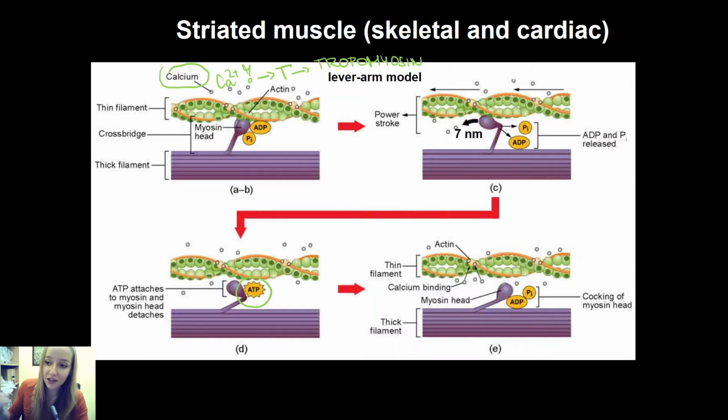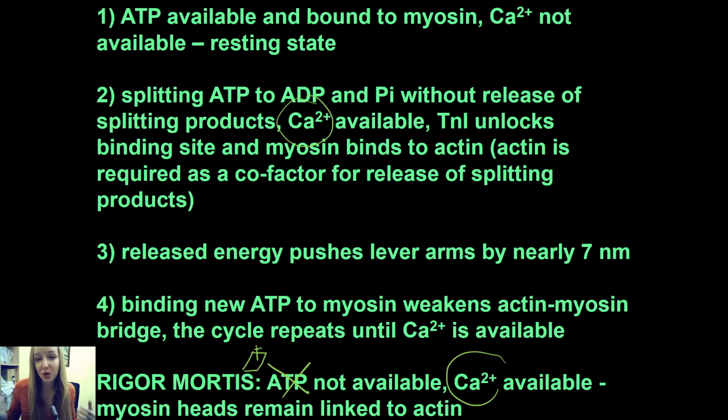So binding of a new molecule of ATP is very important for the myosin head to detach and attach again, release energy again, and the process repeats. So when there is no ATP and there is enough calcium, the myosin head is attached, and it's like, I cannot move, I cannot detach.